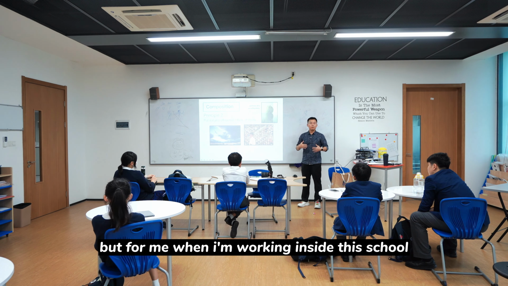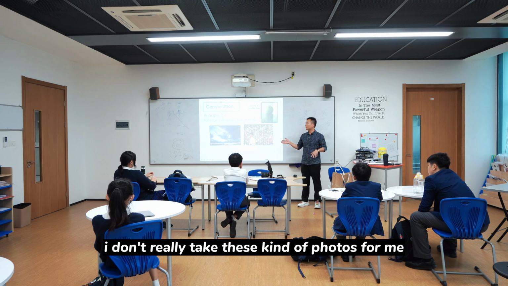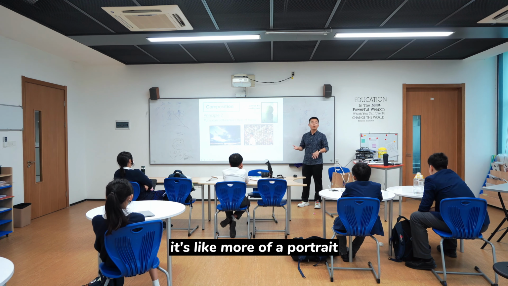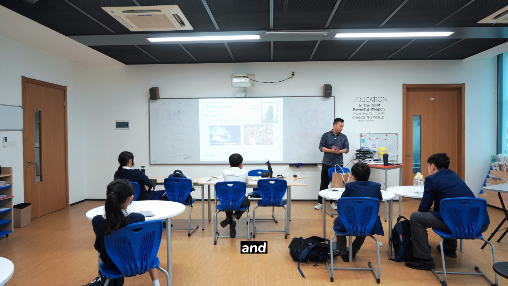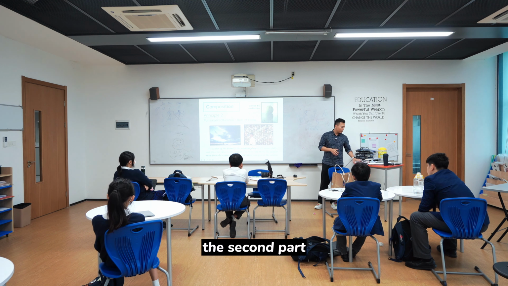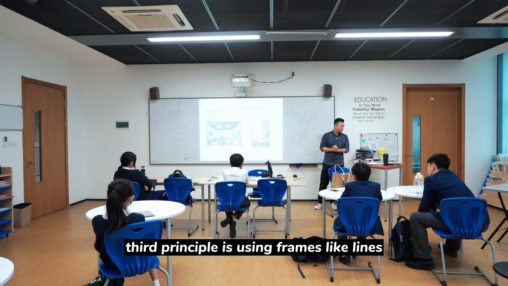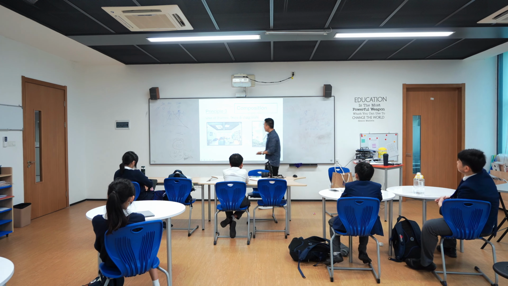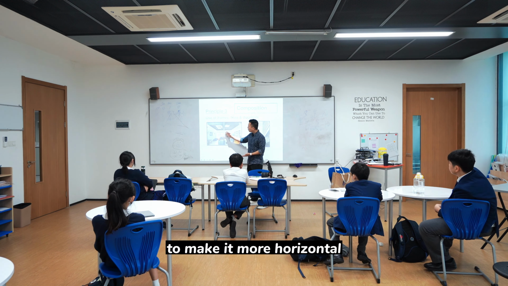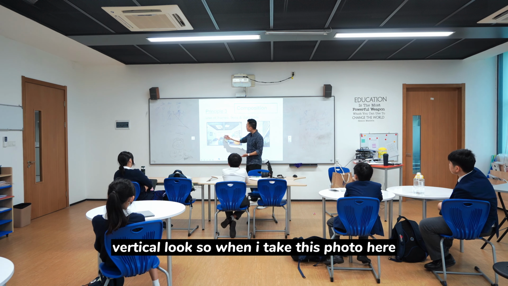But when I'm working inside the school, I don't really take this kind of photo. For me, it's more like a portrait shot, 人物像. The third principle is using frames, like lines, to make it more horizontal and vertical.